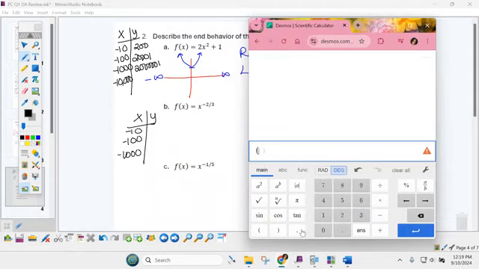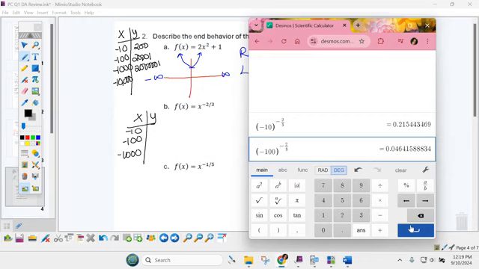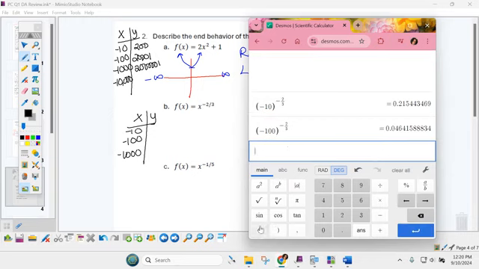Clear. So let's start with my left. Do negative 100. Negative 1,000.